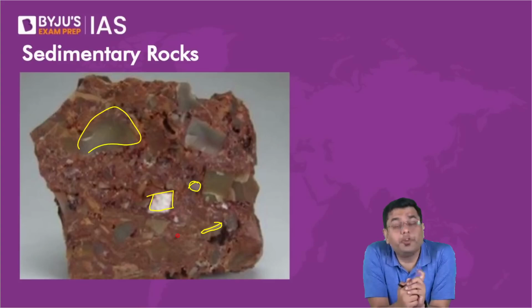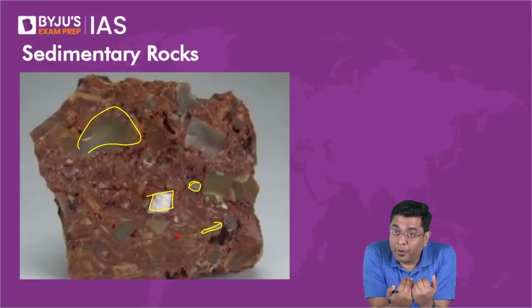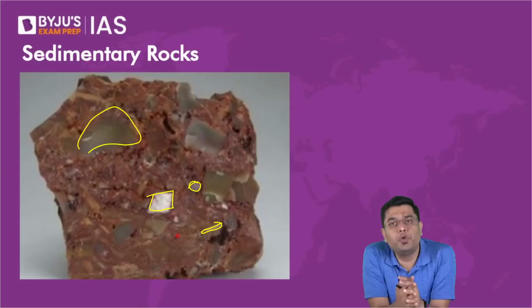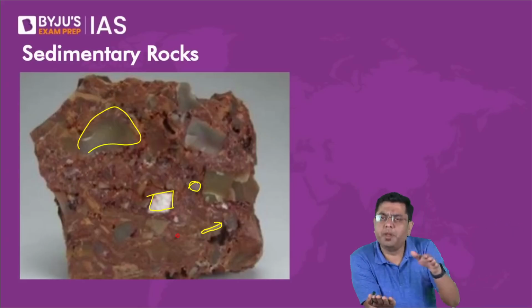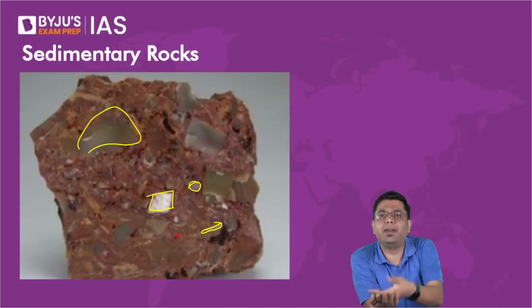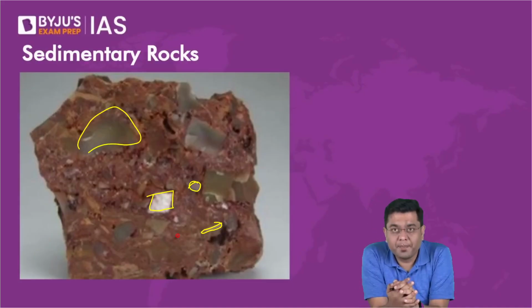All the fossil remains, all the animal and plant remains that you find, are in sedimentary rocks. You will never find them in igneous rocks. Why? Because igneous rocks have been formed by the solidification of molten materials, whereas sedimentary rocks have been formed as deposits. So it is absolutely possible that after one deposit you had a dead animal, and then further deposits fossilized that.